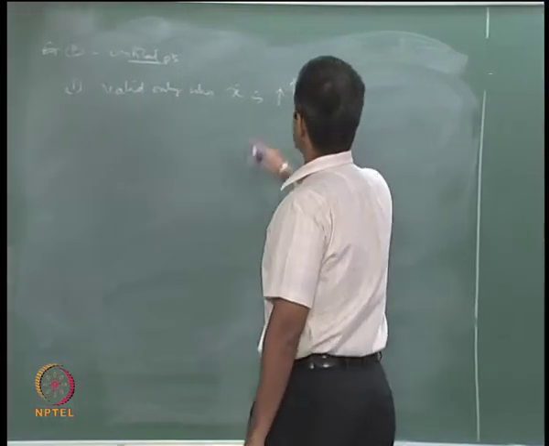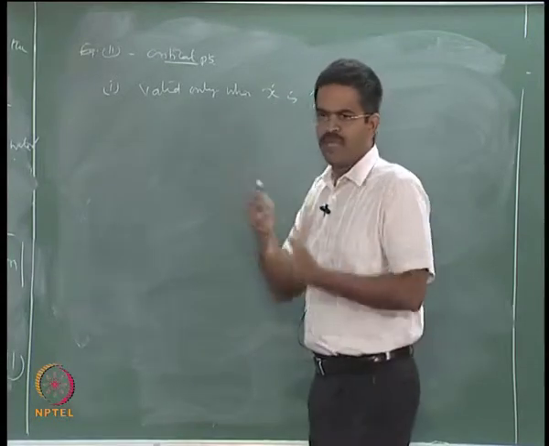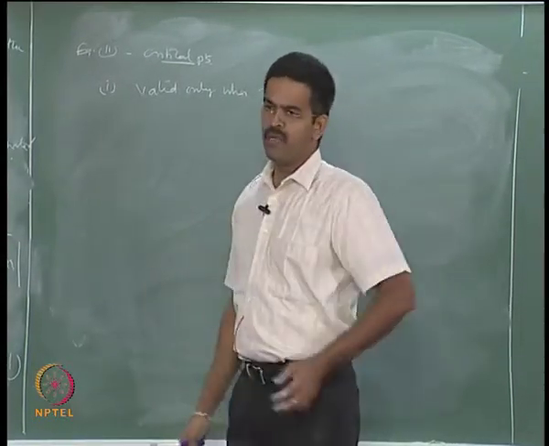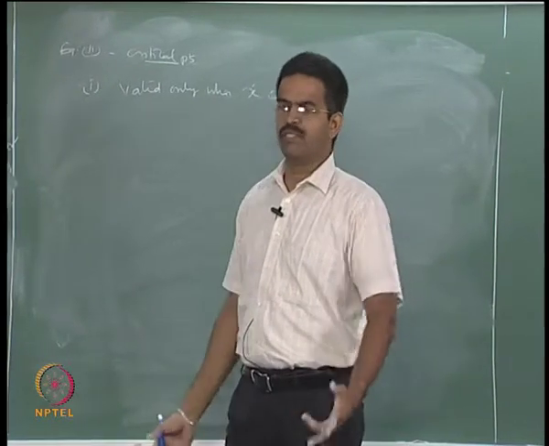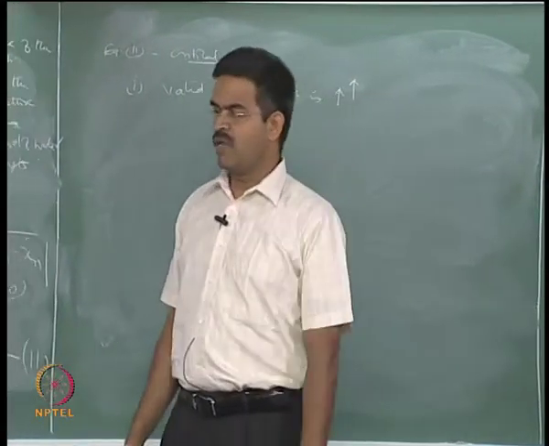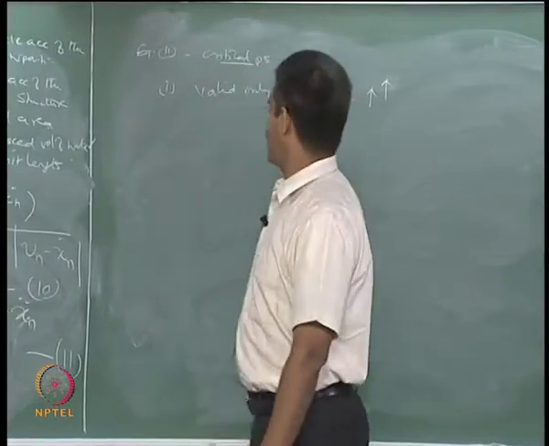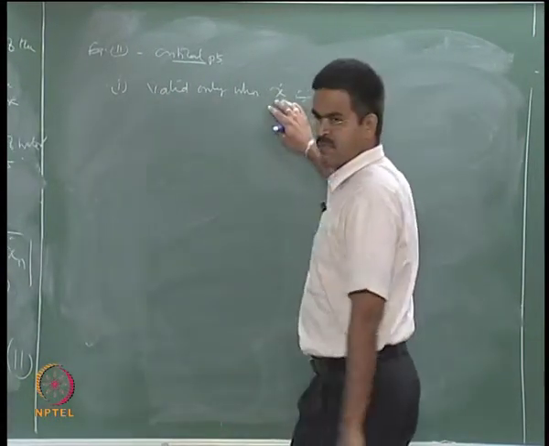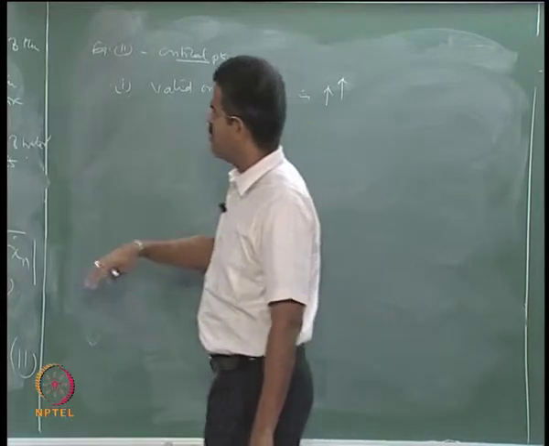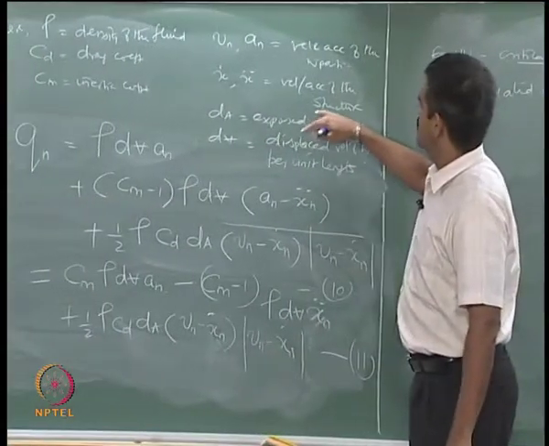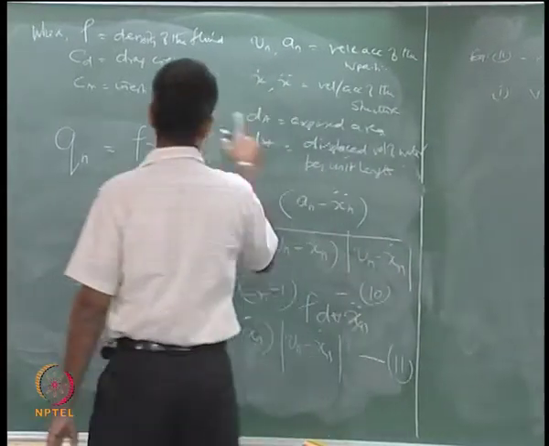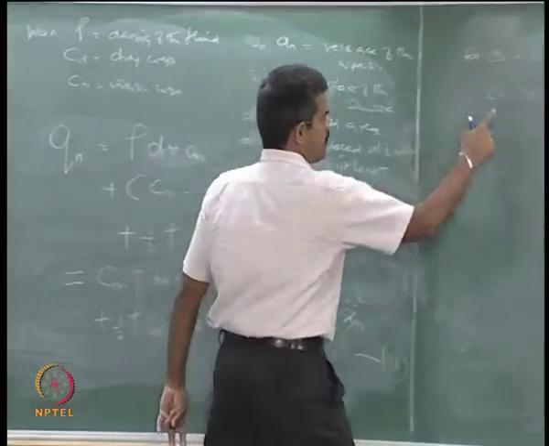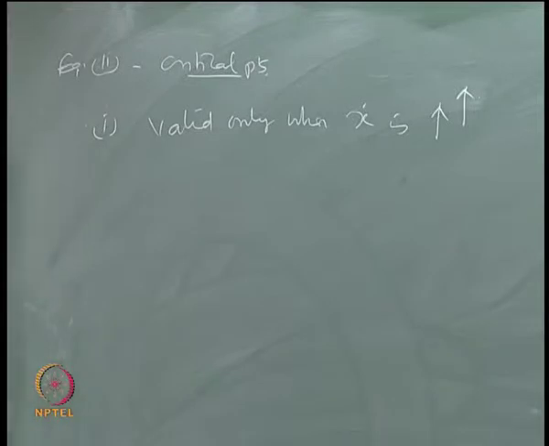So, for having the structural acceleration or the velocity to be very high, the structure should be flexible, okay. Otherwise it will not. If it is a rigid structure or it is a stiff structure, then the velocity of the structure, x dot, will be low. This equation has got a critical issue, that is valid only when the x dot is relatively high.